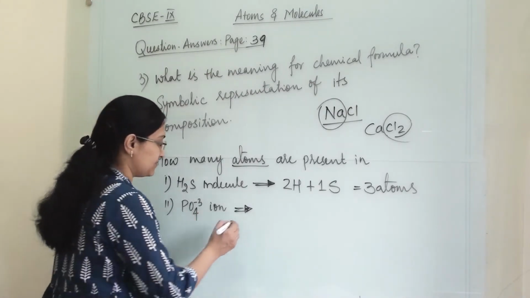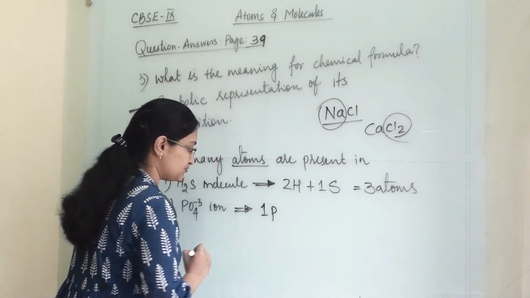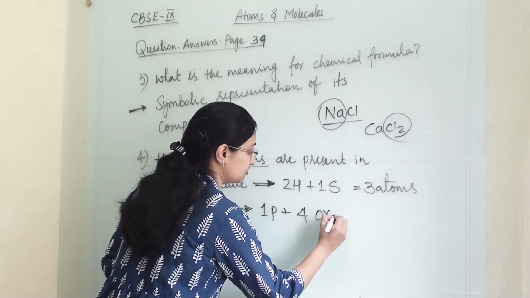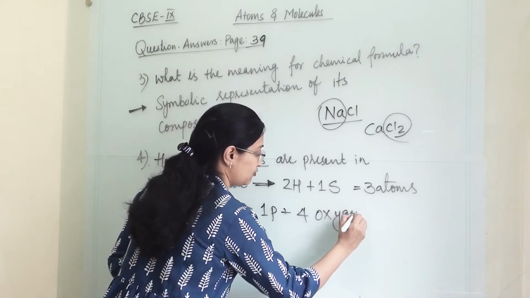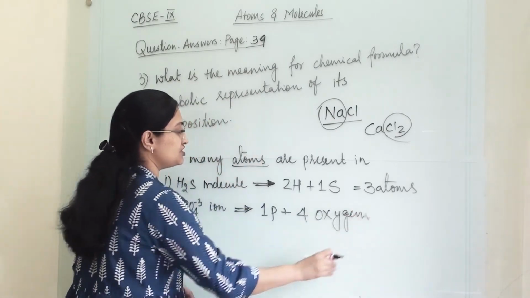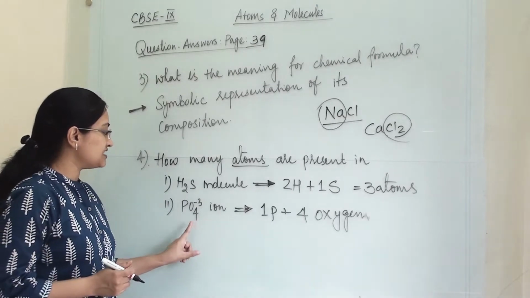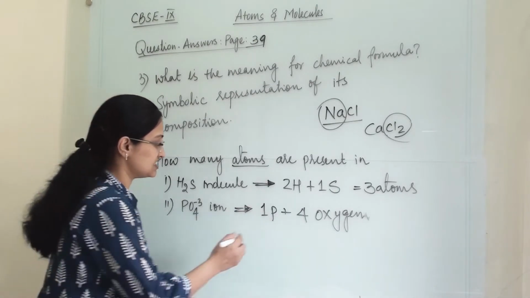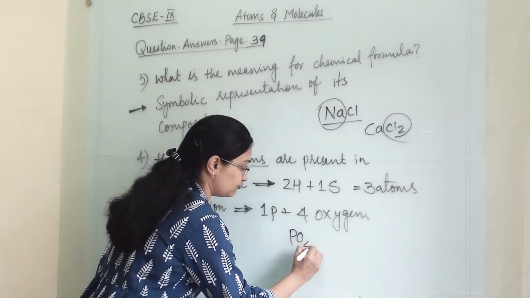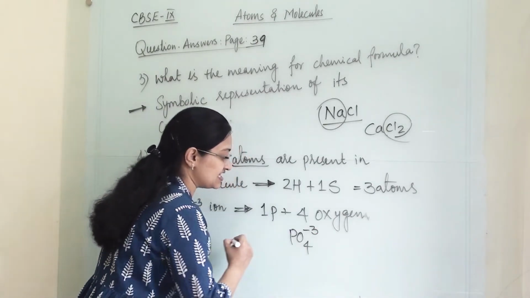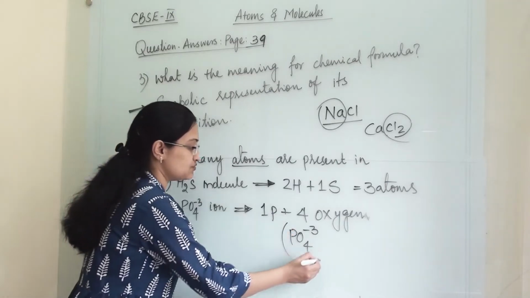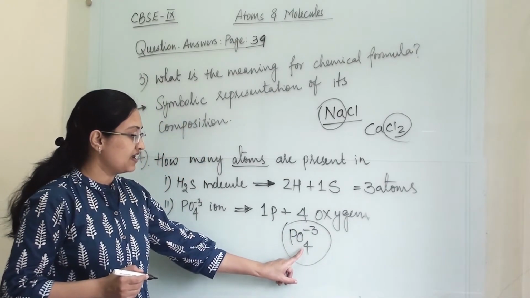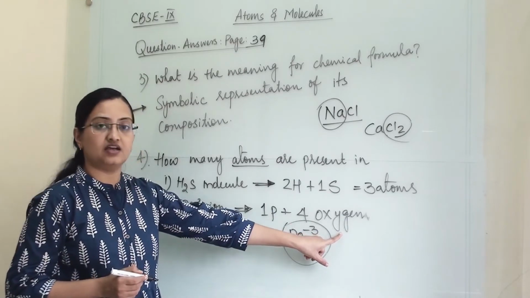In this, 1 phosphorus is there, and 4 atoms of oxygen are present in this one particular ion. So it will be PO4 and its valency is minus 3. So this is a polyatomic ion, the phosphate ion. In this, 1 phosphorus and 4 atoms of oxygen are present.